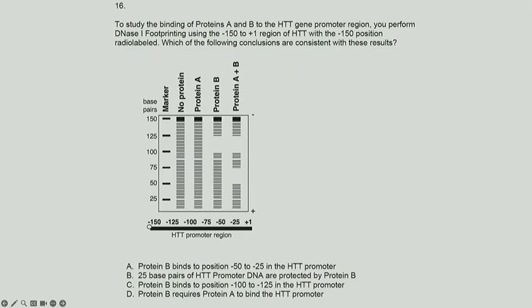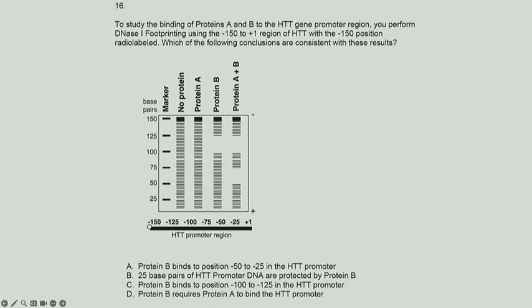Okay, so now we're going to do a DNase footprinting assay. So I wanted to draw out a little bit of how this works. You can think about it, looking at your labeling, right? You have your DNA, and you have your label at one end.